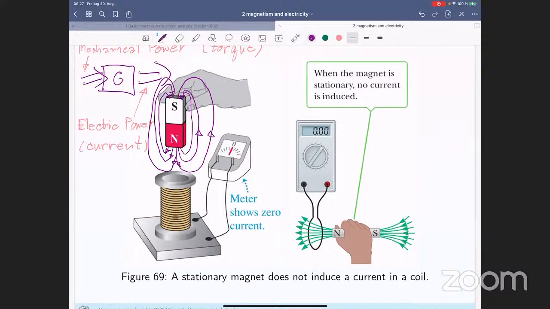When you lay down your hand like this, and you don't shake or move your hand at all, the permanent magnet doesn't move at all, nothing happens. What you observe from the meter is zero ampere on the monitor of this ammeter.